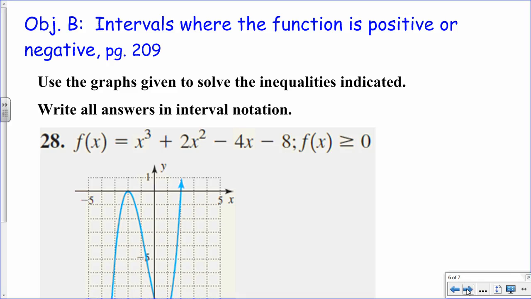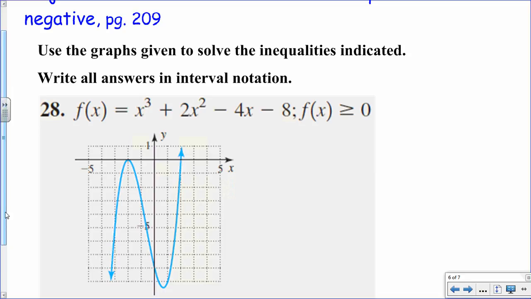Okay, we're going to talk a little bit about these inequalities. So I'm still analyzing graphs here. Now I'm going to talk about where it's positive or negative. So we use the graph to help us with this.